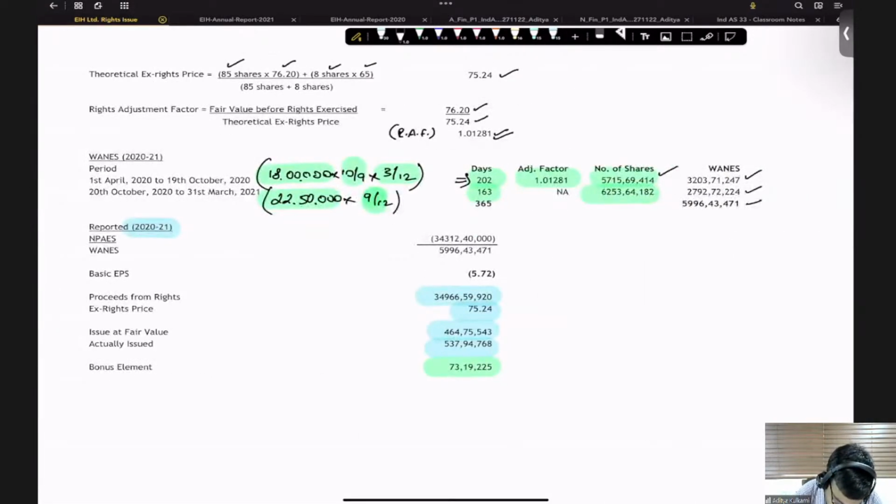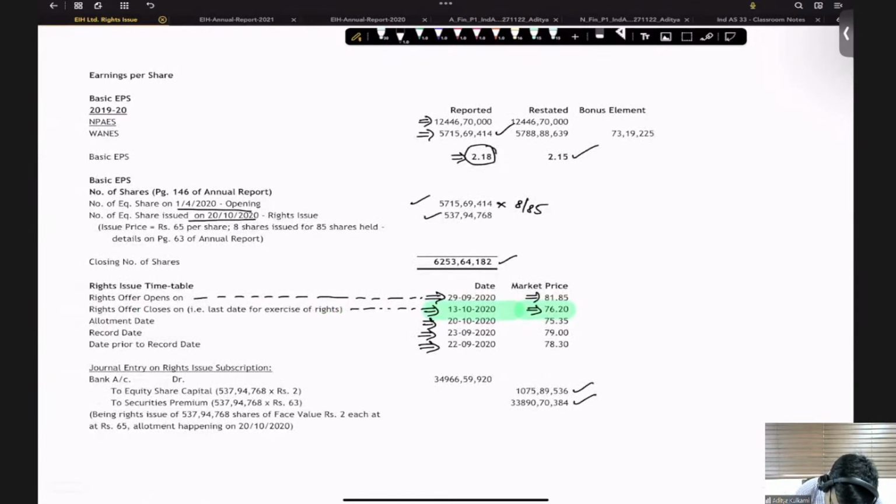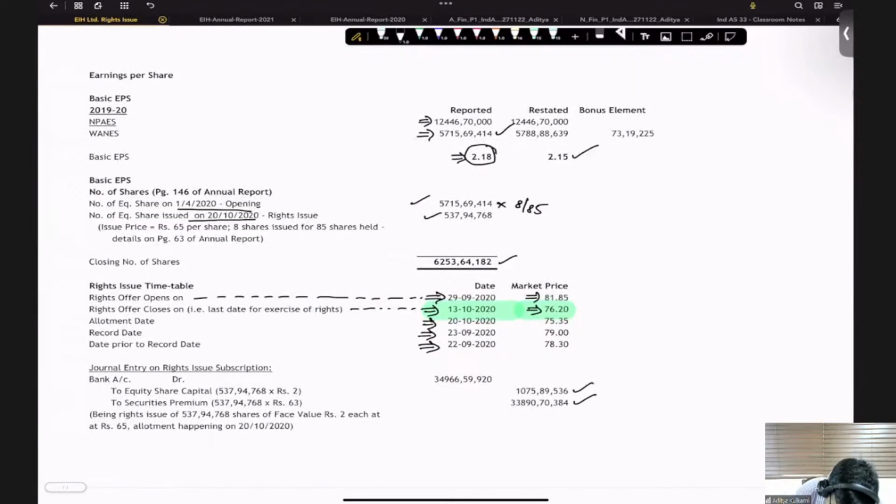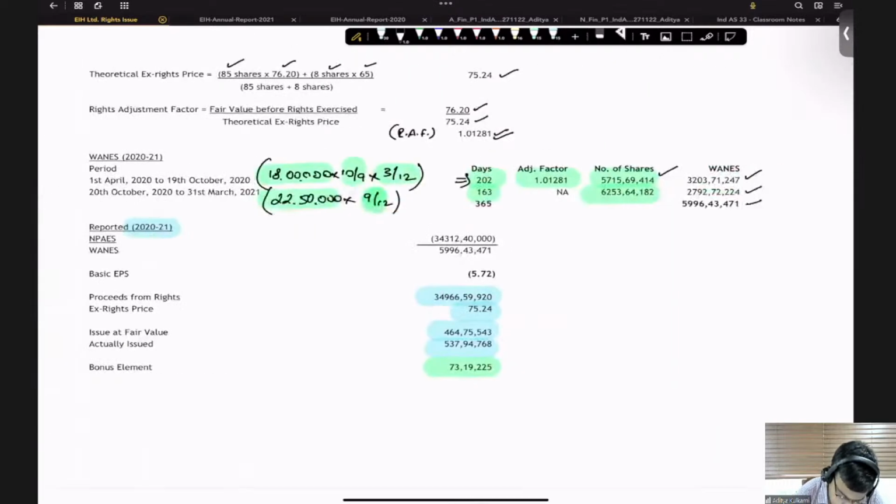So this becomes your X rights price, and later on, 76.2 becomes your before closure market price. Before closure market price 76.2.